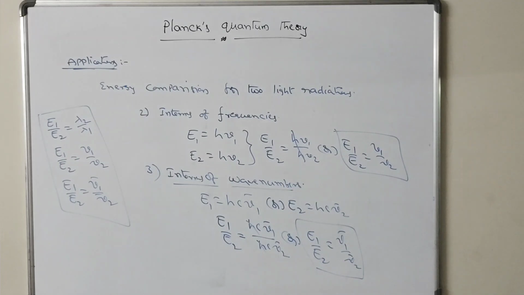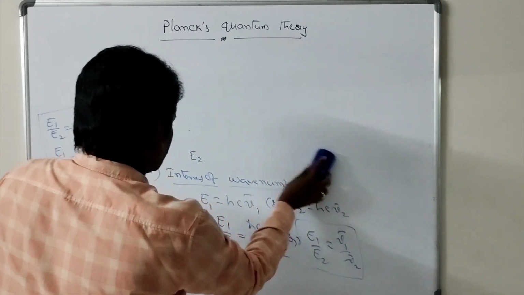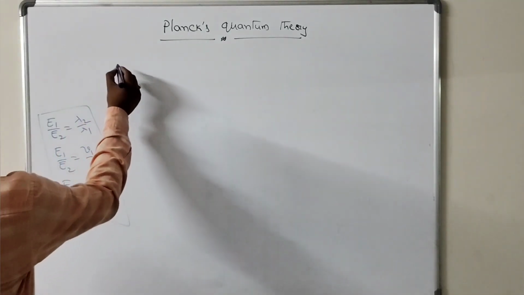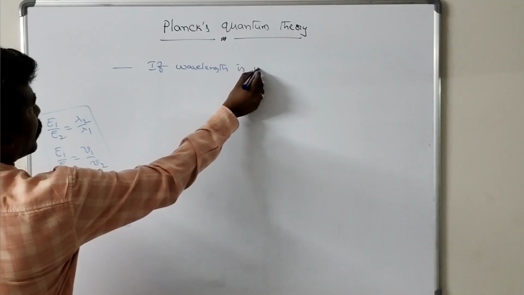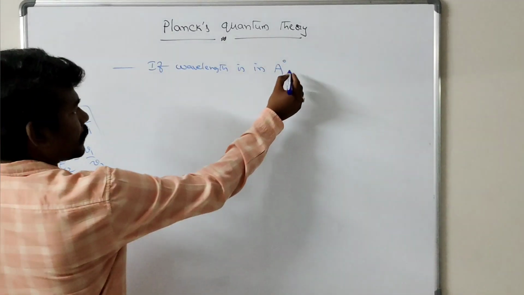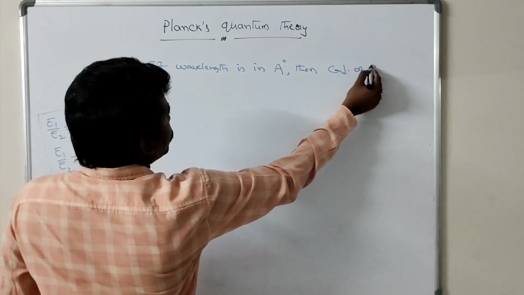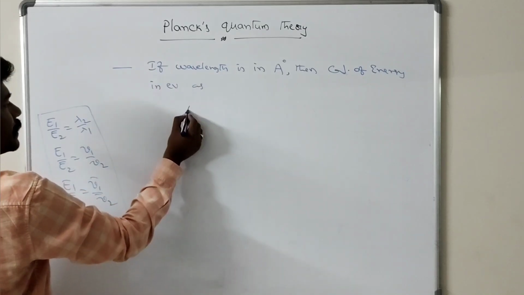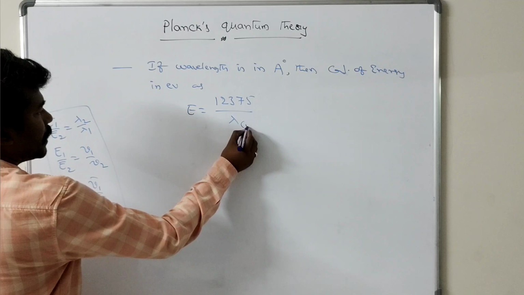And one more application is there: if the wavelength is given in angstrom units, then we have to calculate the energy in electron volts by using this formula, E is equal to 12375 by lambda, where lambda is in angstrom units.